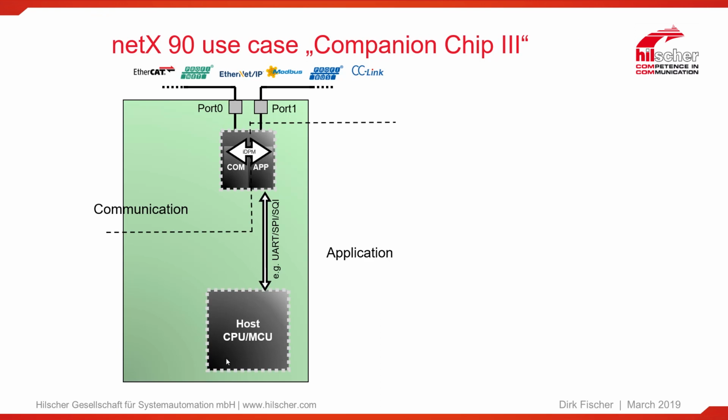So you don't have to touch your host application. You can have a generic interface here, and you just have different flavors of small application software here to adapt to the different protocols. That's a very clever way to make a generic host application possible.